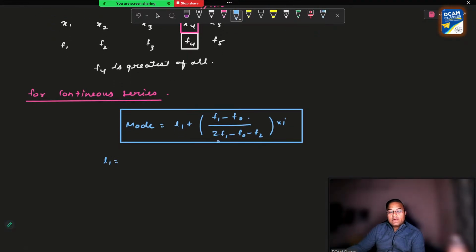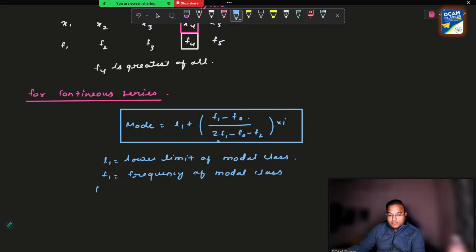What is L1? L1 is the lower limit of the modal class. Modal class is what? The class for which the frequency is maximum. F1 is the frequency of the modal class. F0 is what?